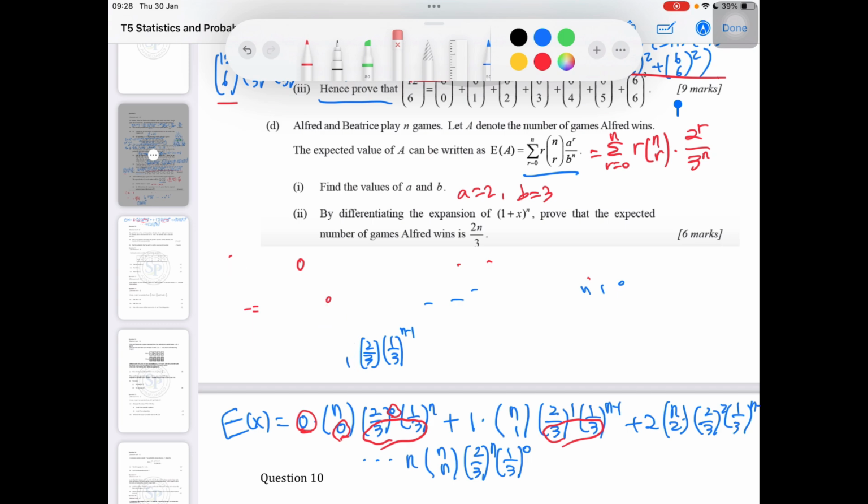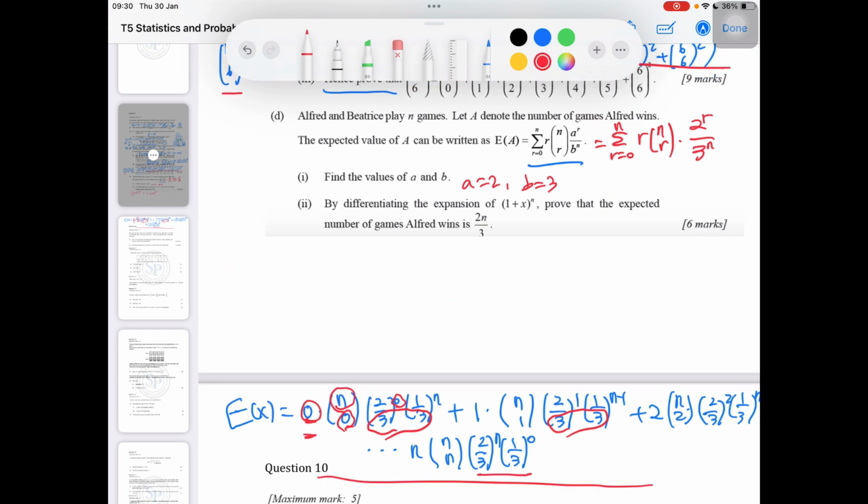Okay, let's go. So (1 plus x) to the power of n is nC0, plus nC1 x, plus nC2 x squared, and so on, plus nCn x to the power of n.